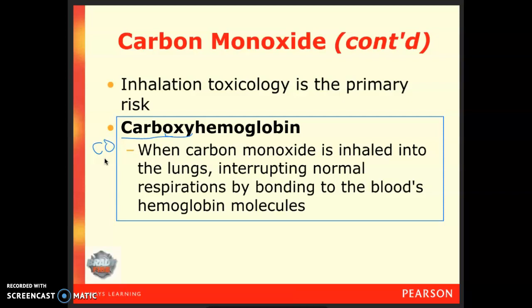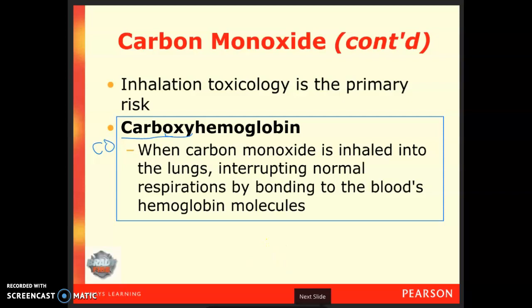Since the carbon monoxide does not get off easily, it just stays on there. It starts to poison the hemoglobin, makes it impossible for the hemoglobin to pick up oxygen. And so eventually the oxygen supply in your cells runs out and there's no new oxygen coming in because the hemoglobin is attached to carbon monoxide molecules instead of oxygen molecules.